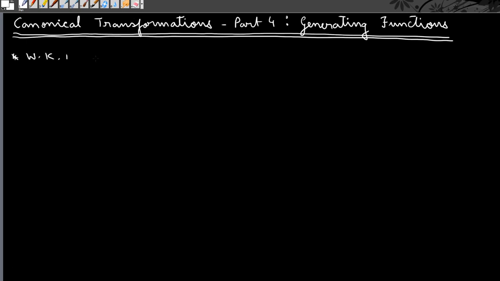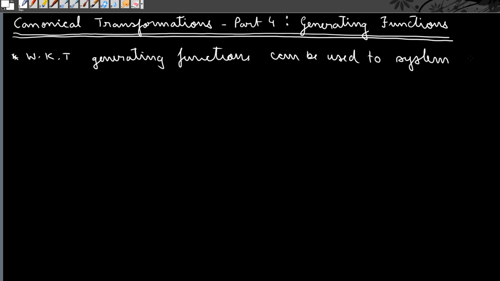So we know that generating functions, as we saw in our previous lecture, can be used to systematically construct canonical transformations.